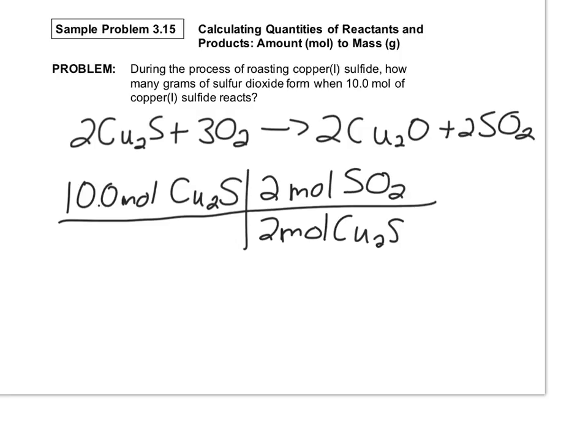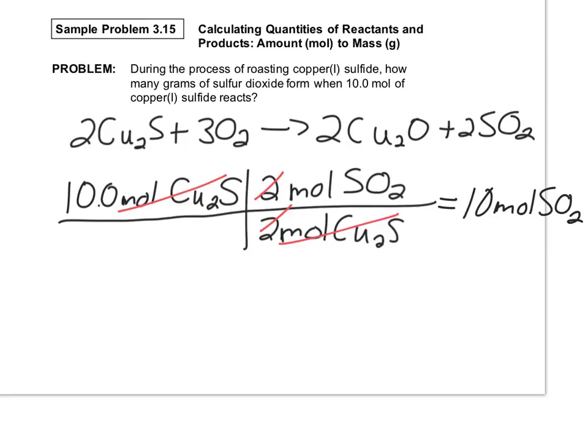I got that directly from looking at those stoichiometric coefficients from the balanced equation. So that means moles cancels moles, and 2 cancels 2, because that's equal to 1, that I'm going to have 10 moles of sulfur dioxide. And the question is asking for how many grams.